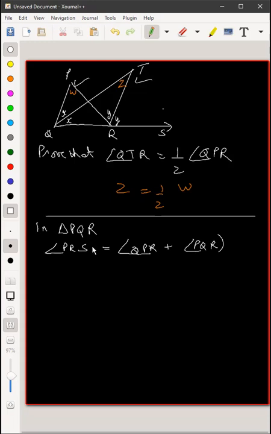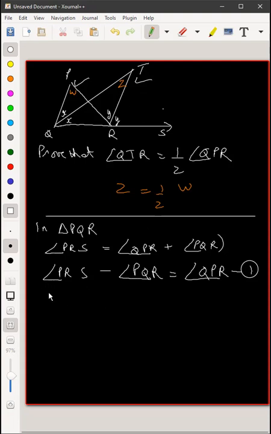Or angle PRS minus angle PQR is equal to angle QPR. So we know a relationship for QPR, that is PRS minus PQR. I want to find out the relationship between PQR and this W and Z.